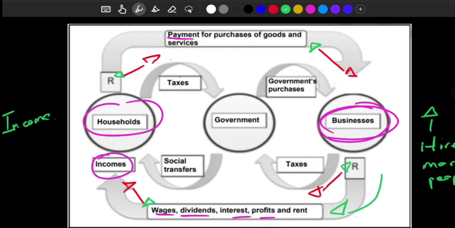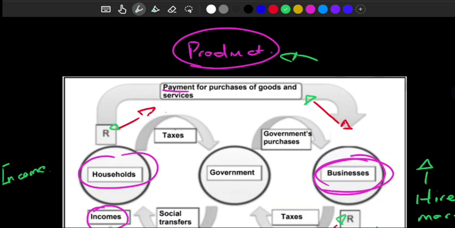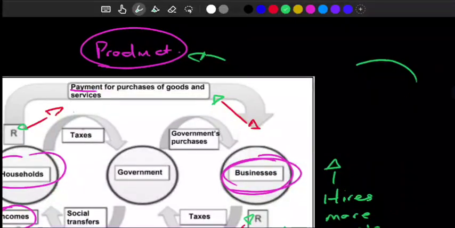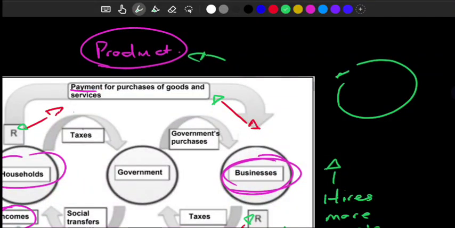More people are able to spend that money on the product market. And then the circle continues, right? The whole thing, it's a circle, it continues. It's a circular flow model, meaning that the money rotates around this model.